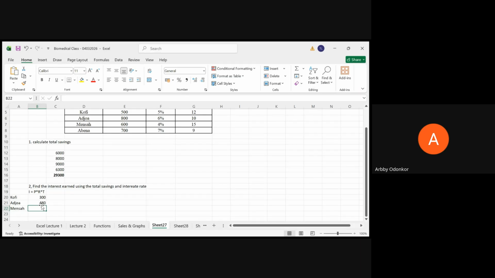So we are on Mensa. Let's calculate. Who is helping us calculate for Mensa? How do we start the formula? Equal to.